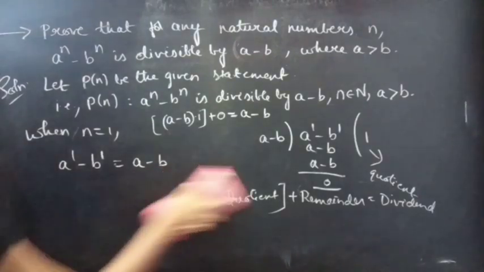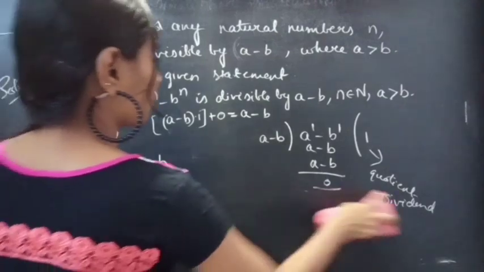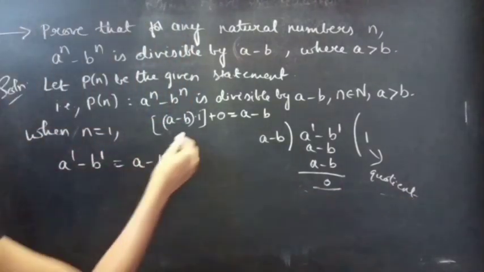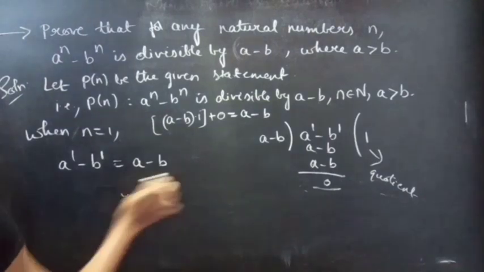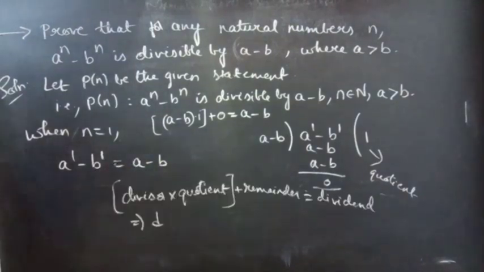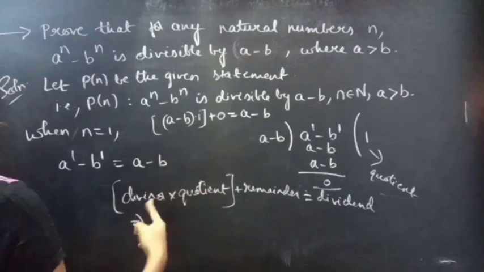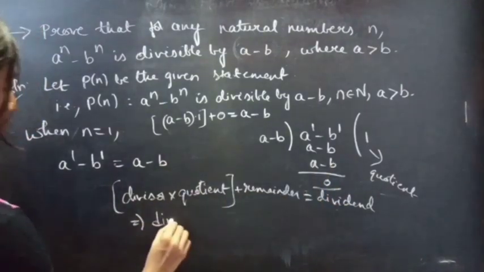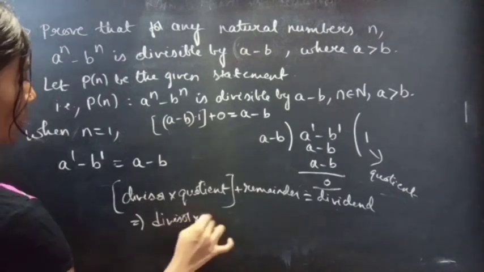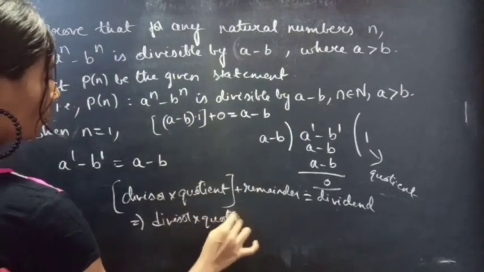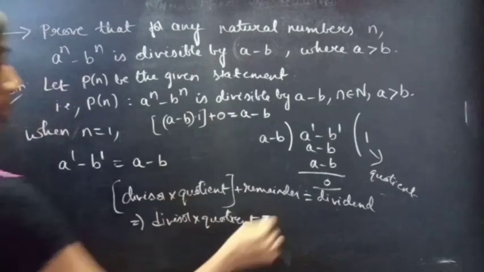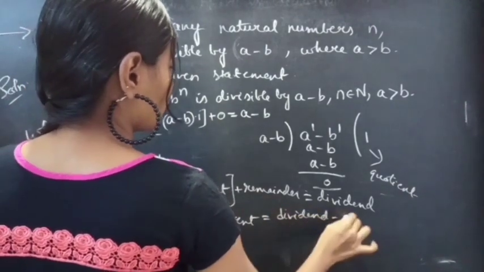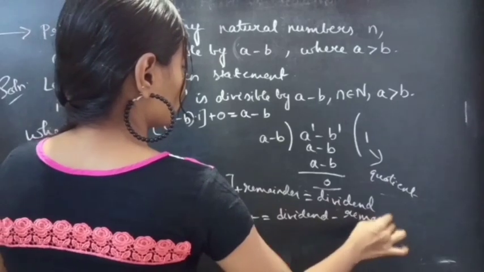So here we are having quotient, divisor into quotient plus remainder equals dividend, right? Then divisor into quotient equals dividend minus remainder.